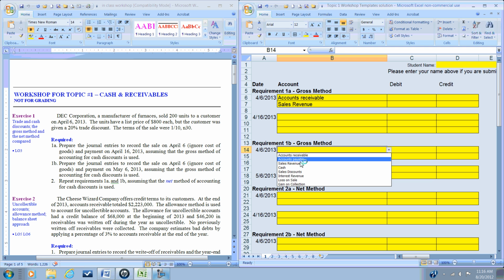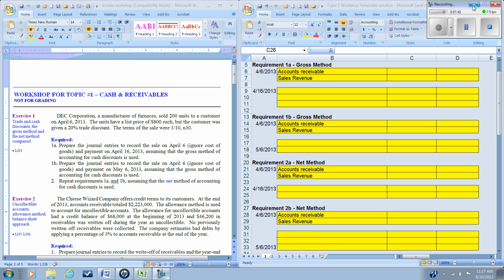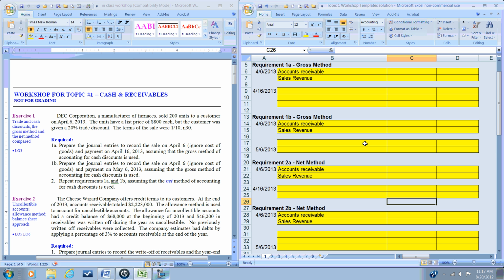So we can go ahead right now and fill them in. So on April 6th, regardless of whether we use the gross method or net method, we'll be recognizing an increase in the asset accounts receivable and an increase in our sales revenue.